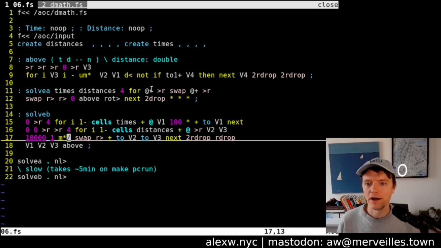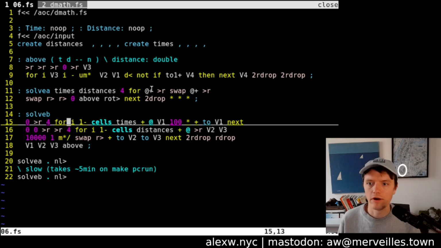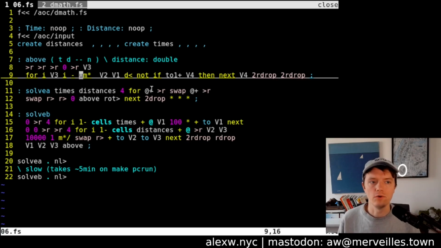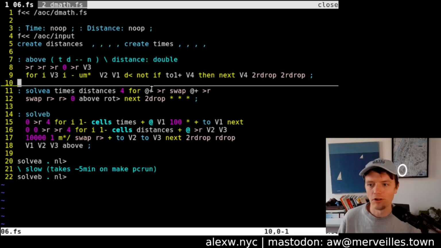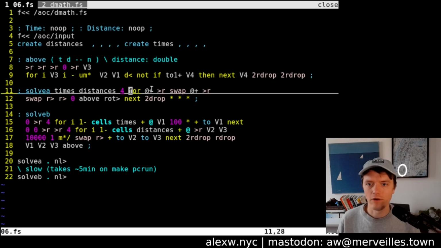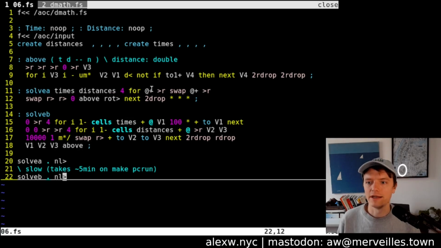M star mod is the m star divide. So m star divide is the double math that we use here, and then um star and d less than are also double operators. Once we do that, we run solve A, we run solve B, and that's our answer.